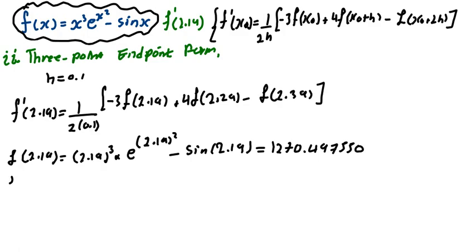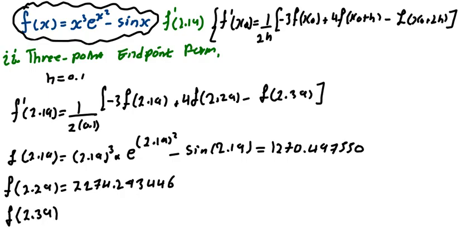Then the second one, f of 2.29, is equal to, as we substituted in the previous part, something like 2274.29346, like that.